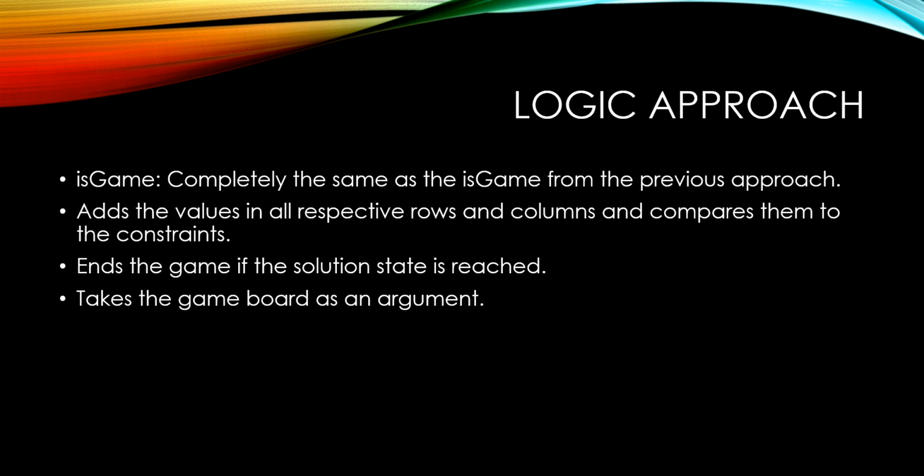We have the isGame function. It is the same as the one from the previous approach. Well, basically, for a game state of Kakuro to be eligible to be called a finishing or game ending state, or whatever you would like to call it, every single row, every single cell in a row had to be combined, and that combination would have to equal the horizontal constraint, which is the x0 on the gaming board.